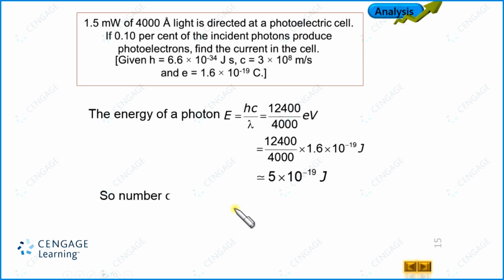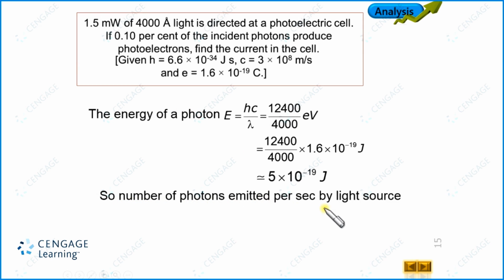So we can write power divided by energy of a photon, and the power we are given is 1.5 milliwatt, that is 1.5 into 10 to the power minus 3, and the energy in joule is 5 into 10 to the power minus 19.